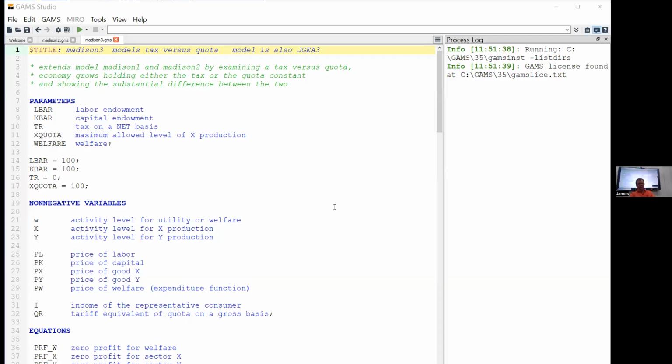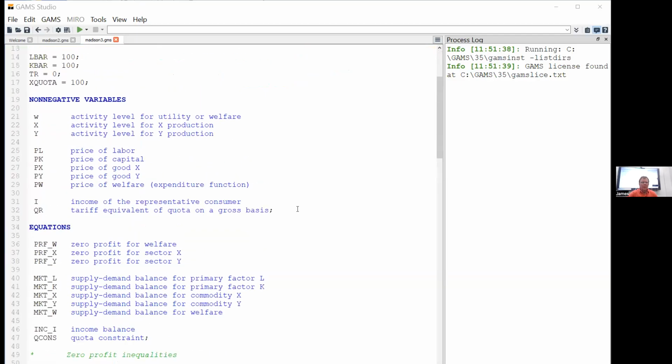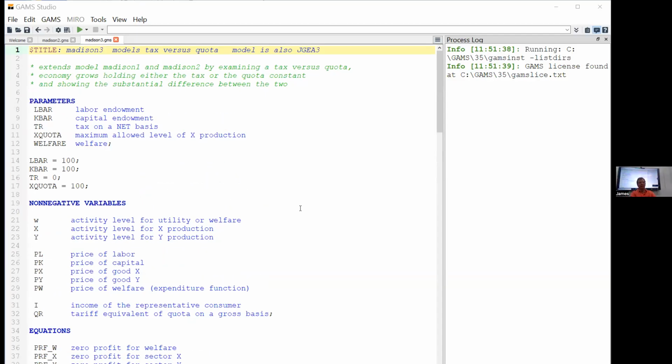And I wanted to talk about a couple of variations on the model, sticking with the model I presented before. Sorry, I'm over here on this one.